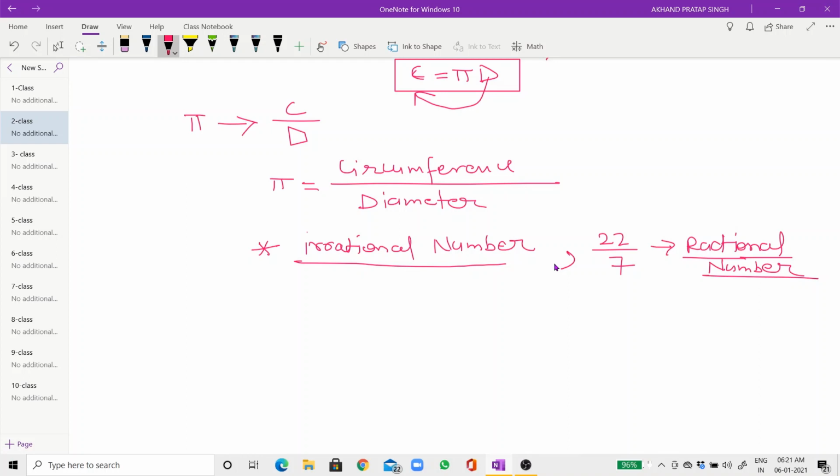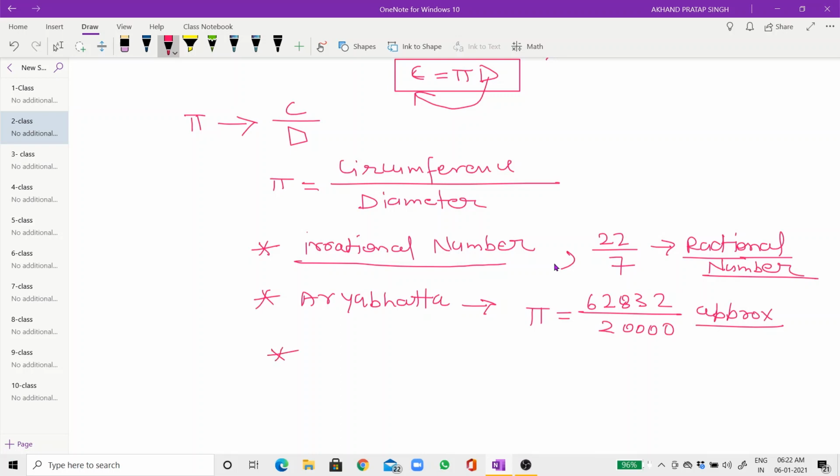And the Indian mathematician Aryabhata derived the value of pi as 62832 upon 20000 approximately. And the next Indian mathematician, Ramanujan, is a very famous mathematician.